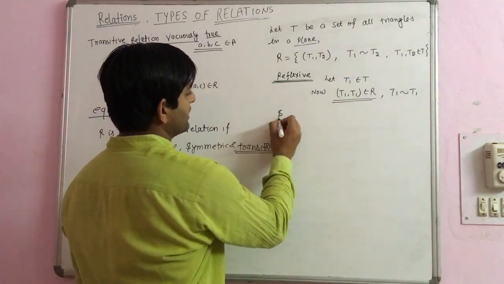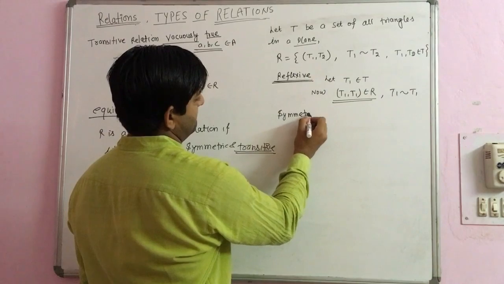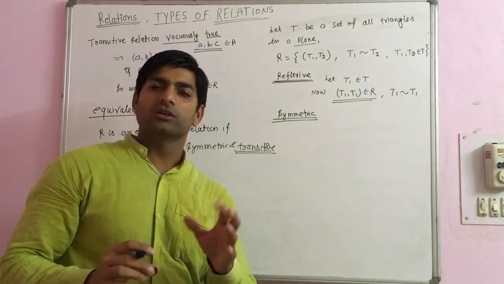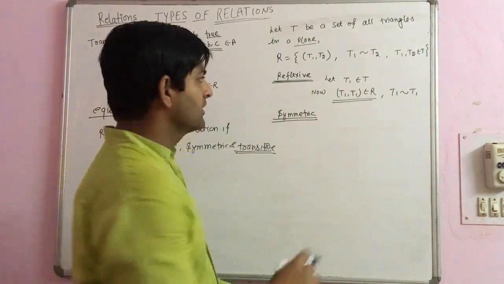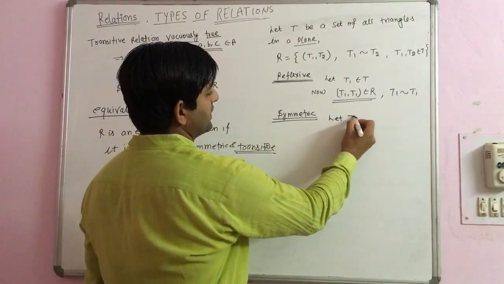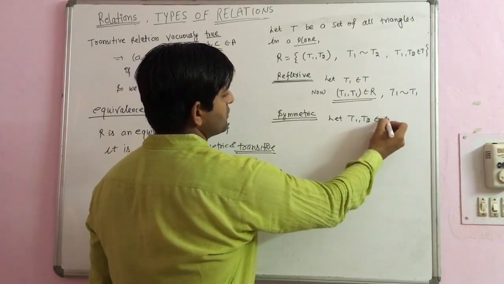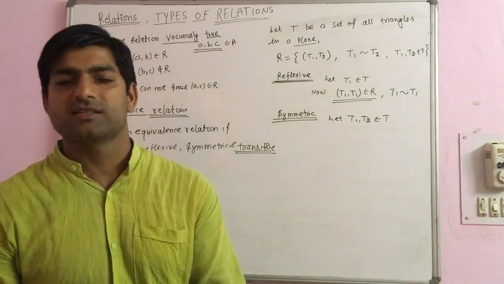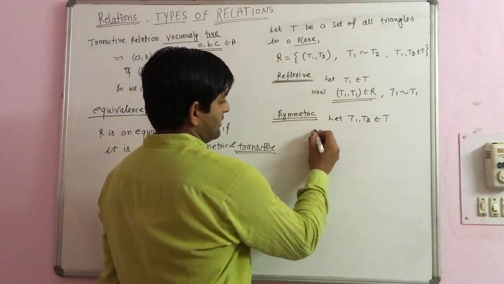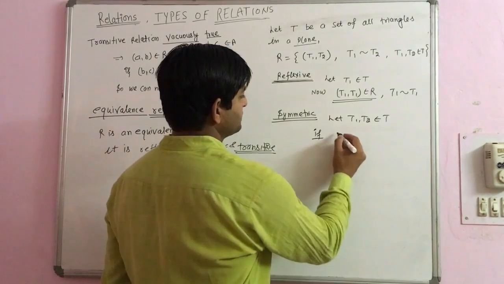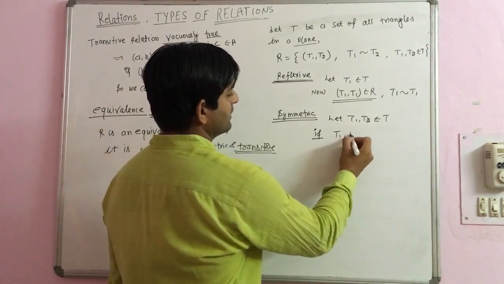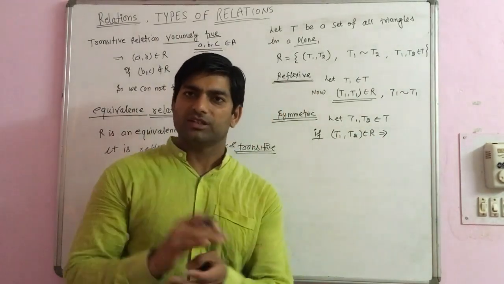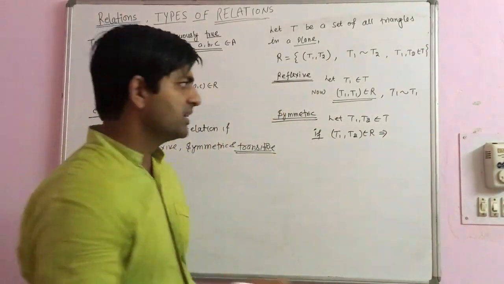Now coming to symmetric relation. For symmetric, we need to consider two triangles T1, T2 belonging to the set of triangles. We need to take two elements from that set. Now first we need to assume that T1, T2 belongs to R. What does it mean?